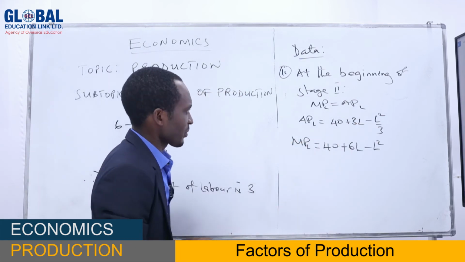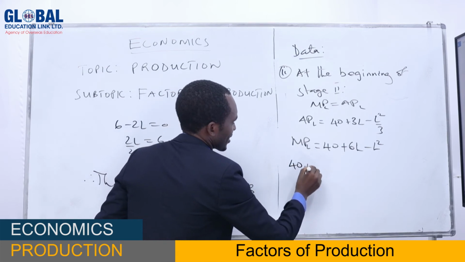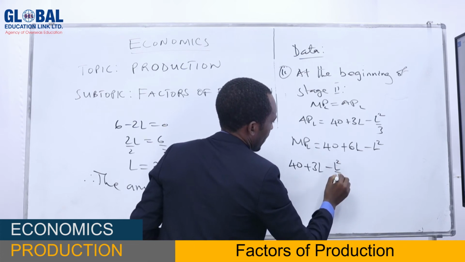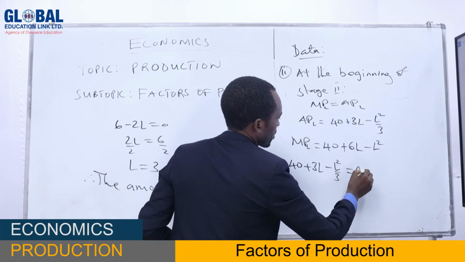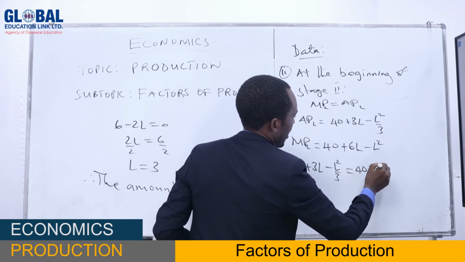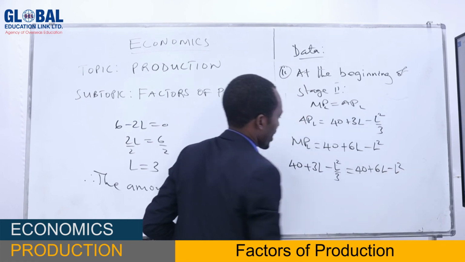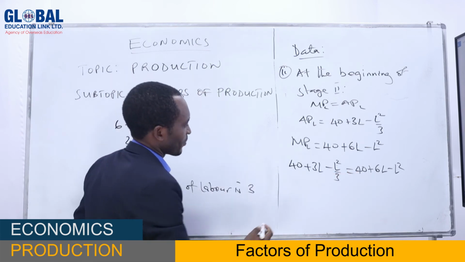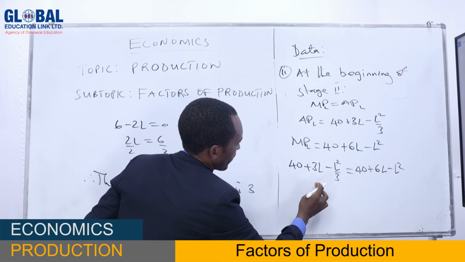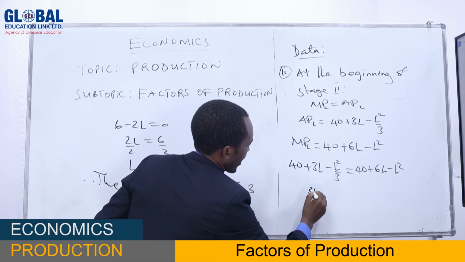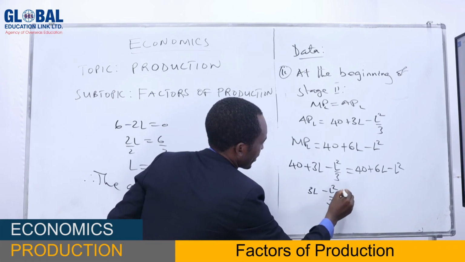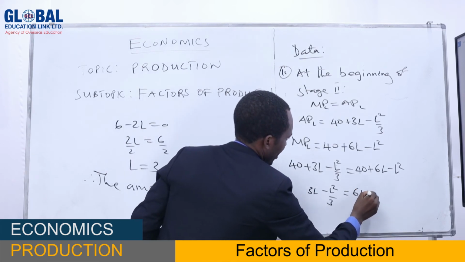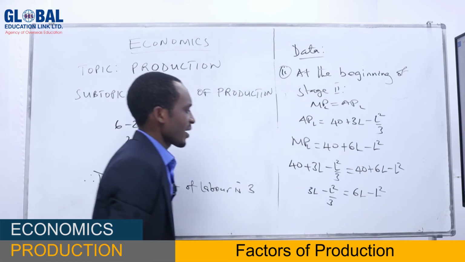So when you equate these two equations, 4 plus 3L minus L square over 3 will be equal to 4 plus 6L minus L square. You can collect the like terms. The 4 and the 4 will cancel, so we remain with 3L minus L square over 3 equals 6L minus L square.